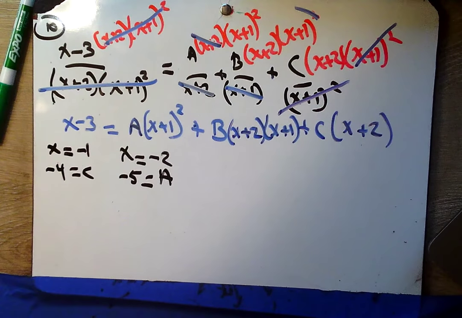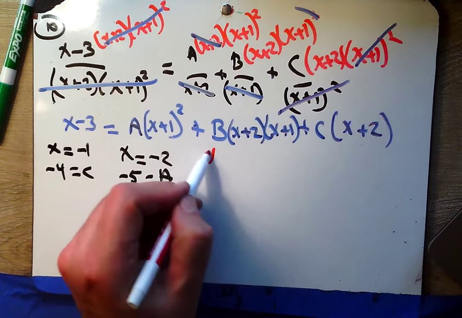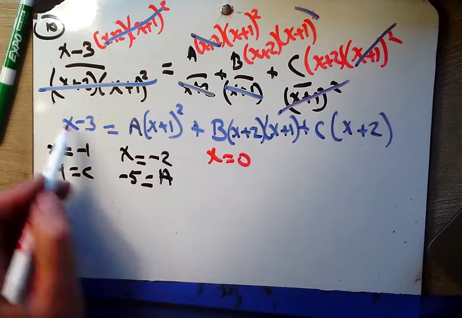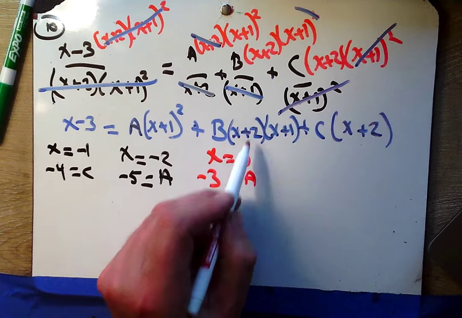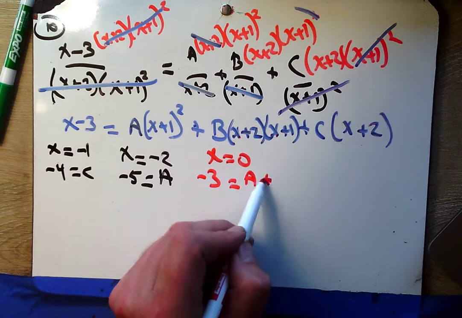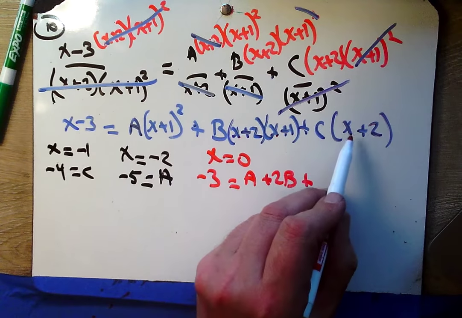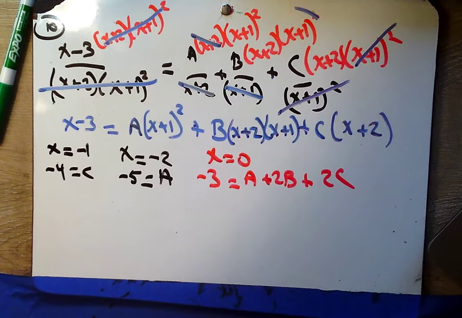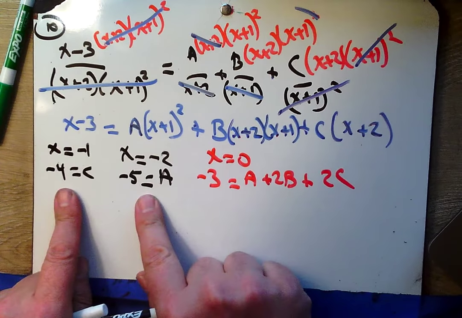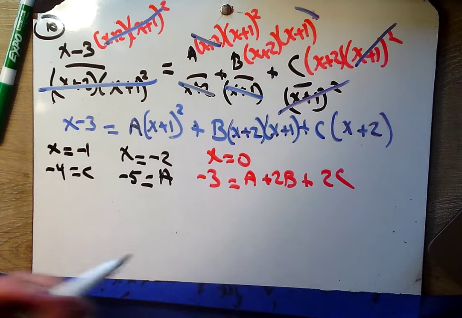So I've used my two magic numbers, and now I need to put in a not-so-magic number. I'm going to use x equals 0, so I'll have negative 3 equals 1A, that's plus 2B, and 0 plus 2C. So luckily we know our A and C values, and we can plug those in now.